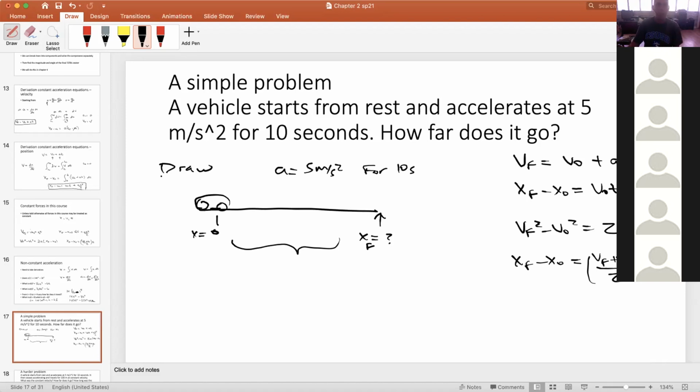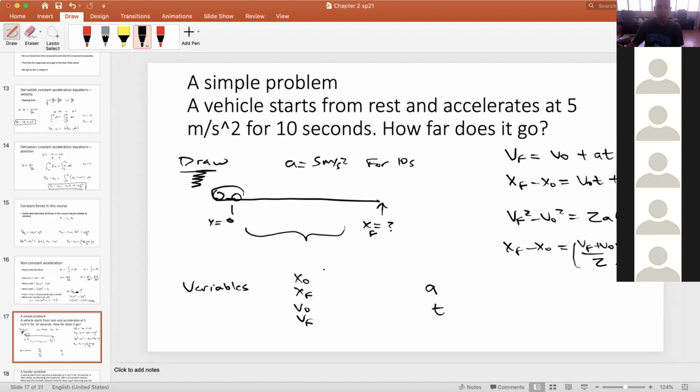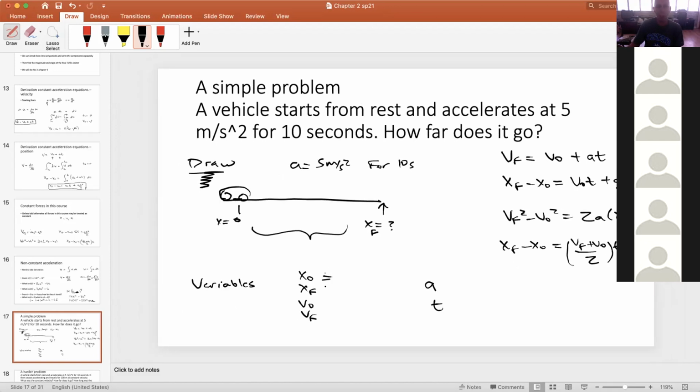Second thing, your variables. Note, we have x initial, x final, v initial, v final, a, and t. Those are the 6. Those are the only 6 we have. Sometimes we need to write them down for different positions, and we'll talk about that. But for this problem, we need to write them.